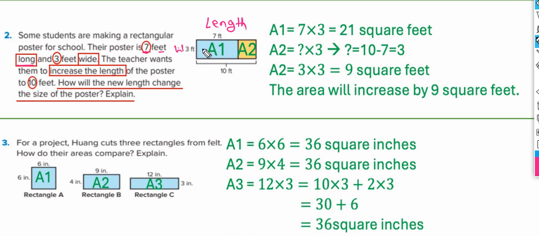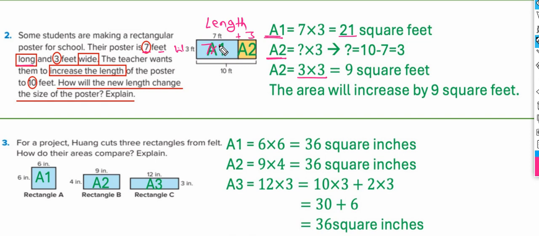So first of all you have to find the area. Okay, now 7 times 3, area 1, 21. Area 2, it has increased to 10, right? So 7 plus 3, 7 plus 3 is 10. Now area 2 is how much? 3 times 3.